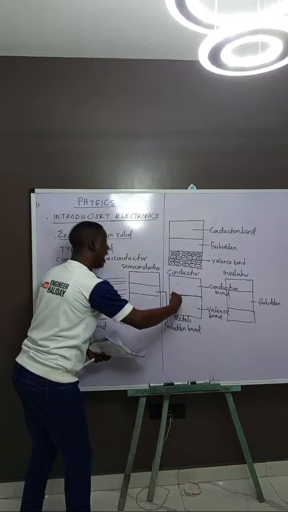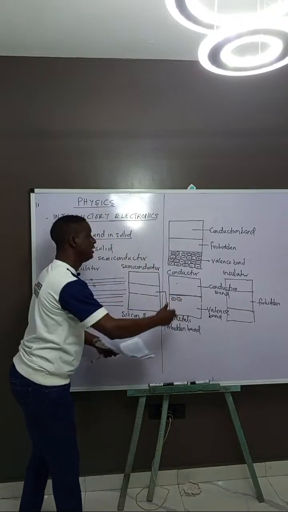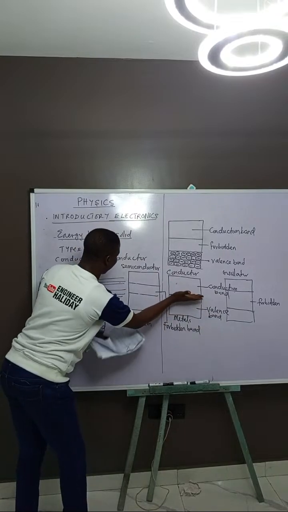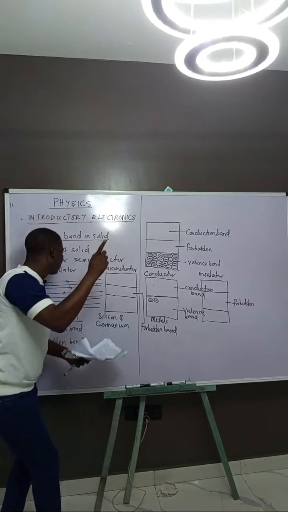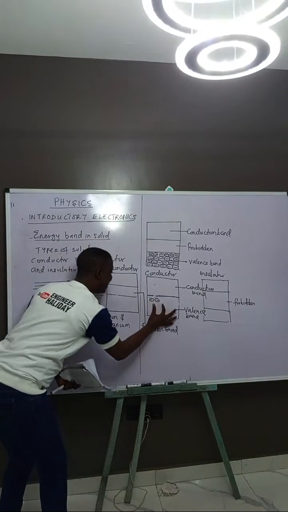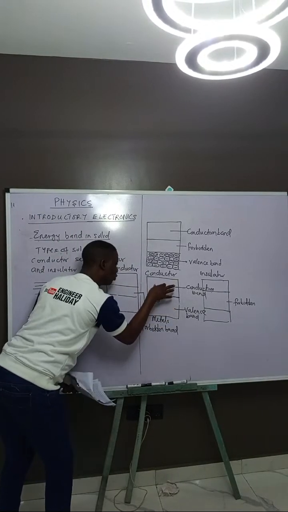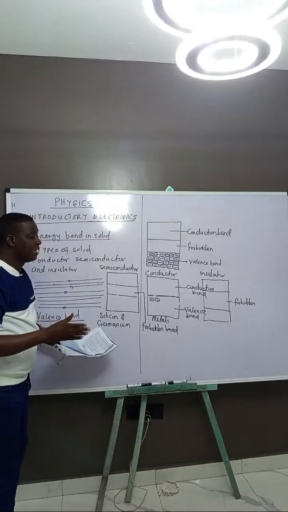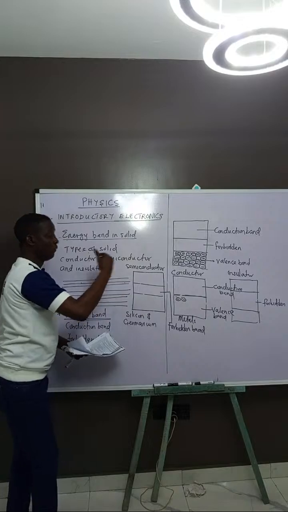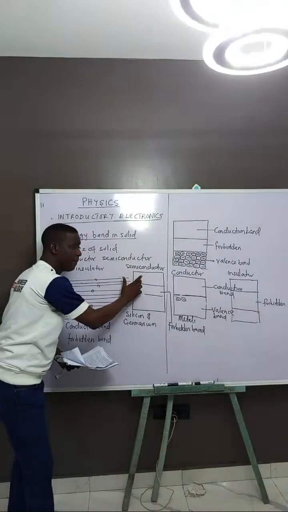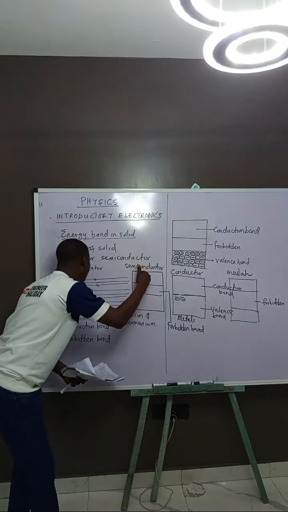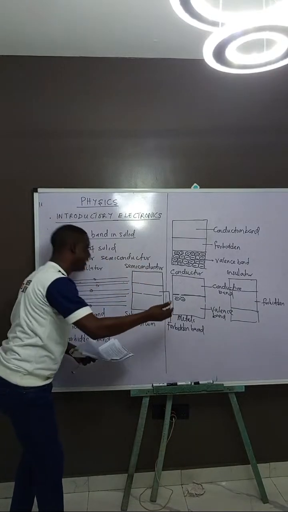Because they have an overlapping conduction band and valence band, so there is no space. Number two, the electrons are free and mobile. The electrons are free to get to the conduction band. In fact, we are going to see the implication of this in further explanation. What about semiconductors? They do not get to the conduction band just like that.